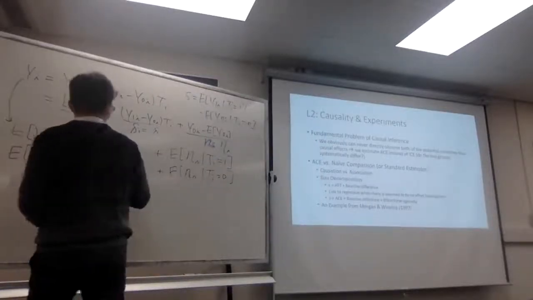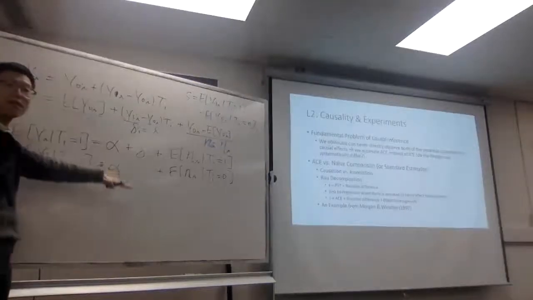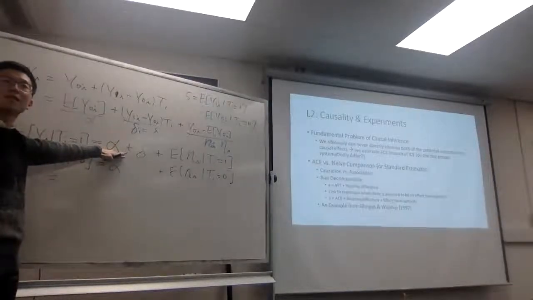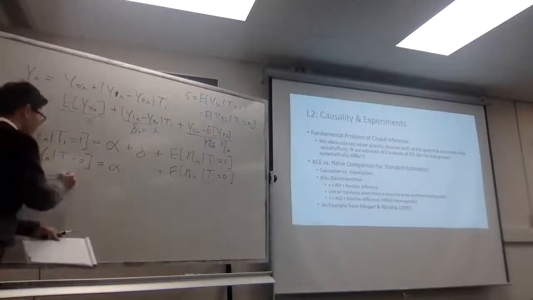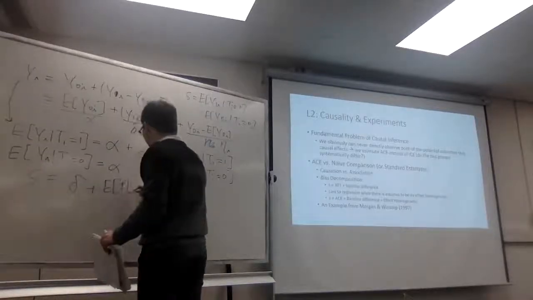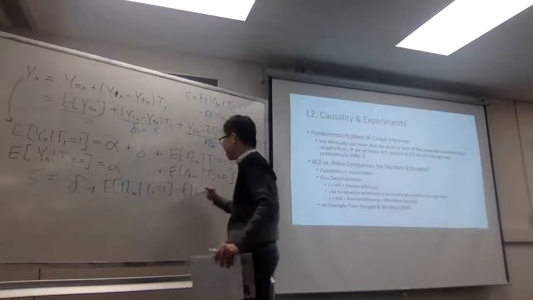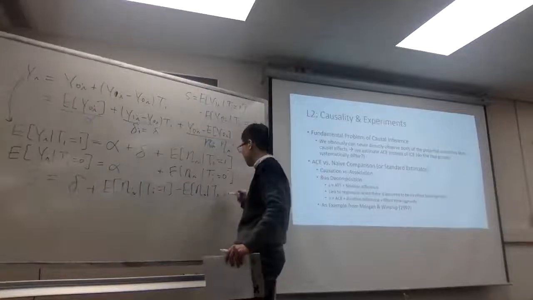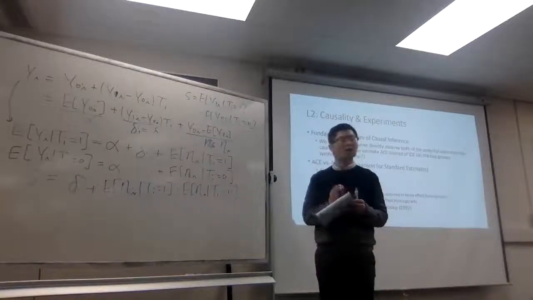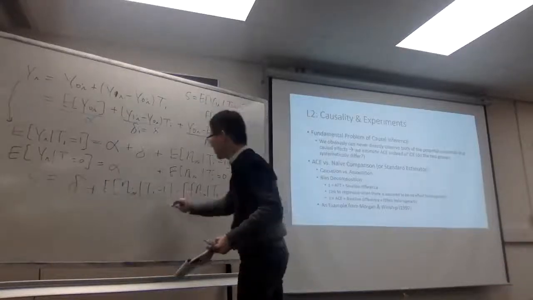S would be the result of subtracting this part from this part, right? So it would be delta plus the expected value of eta i given Ti is 1 minus the expected value of eta i given Ti is 0. This is the causal effect plus the baseline difference.